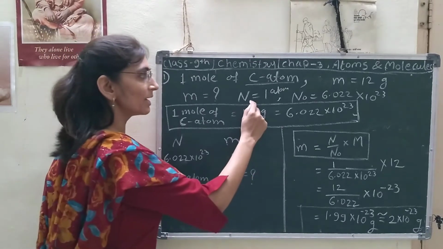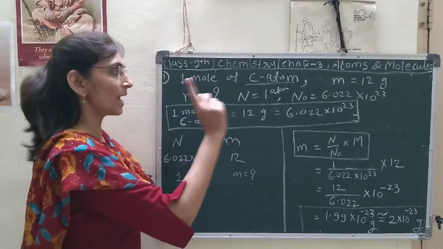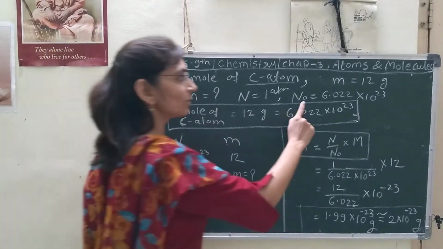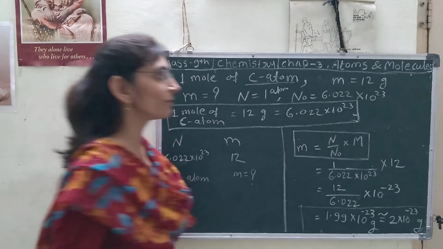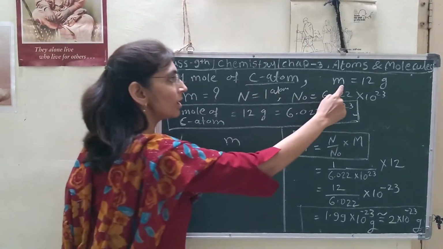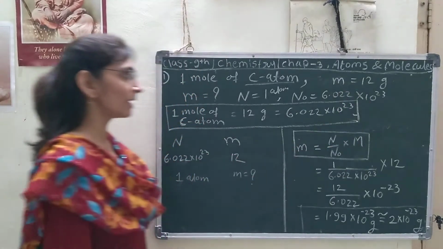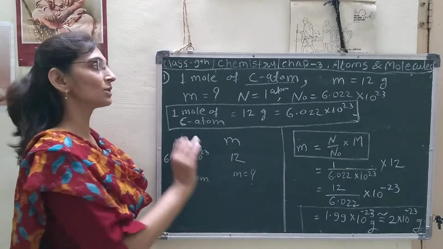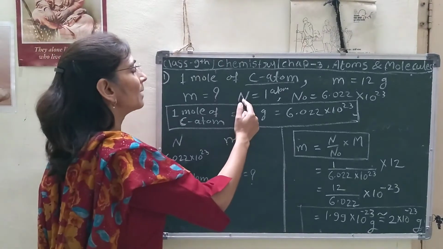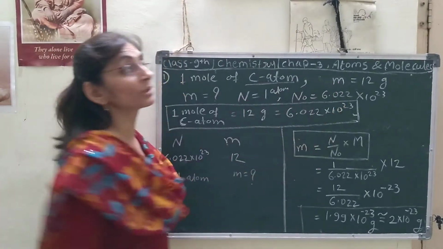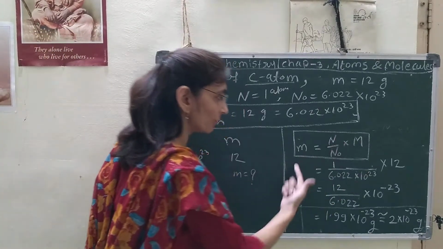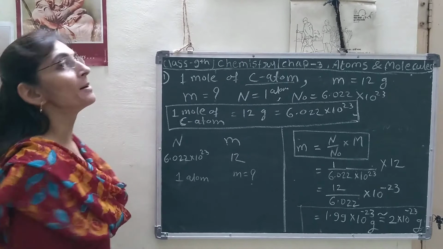So n is given here, n is equal to 1 atom, and mass we have to calculate. Avogadro's number we know, 6.022 into 10 to the power 23, and for 1 mole the mass is given here, 12 gram. So we can solve this problem by both methods. Here the number of particles and mass both are mentioned, that's why we have to use this mixed formula for calculating the mass.